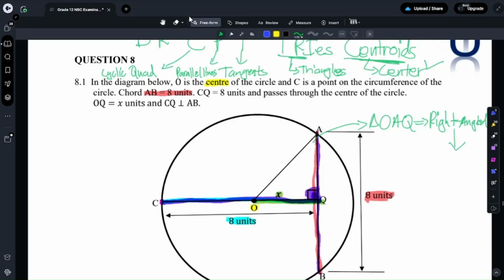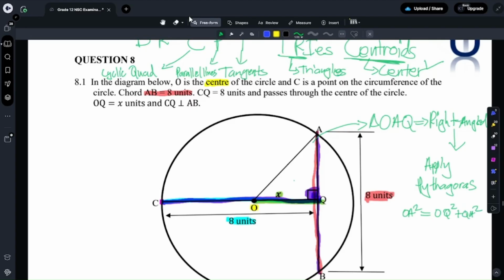So for the fact that this is a right angled triangle, I can always apply my theorem of Pythagoras, which states that the square of the hypotenuse, so our hypotenuse in this case is OA, is equal to the sum of the squares of the two other sides, which are OQ and QA.